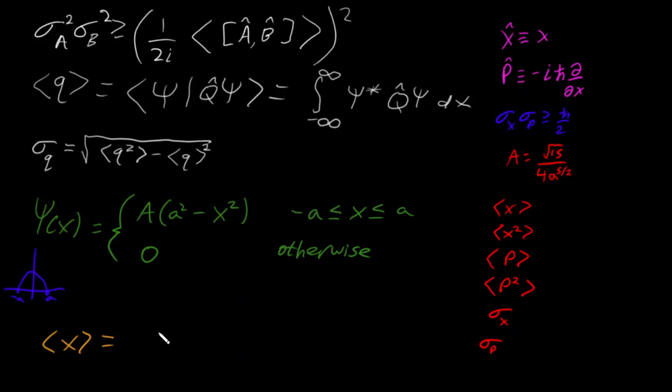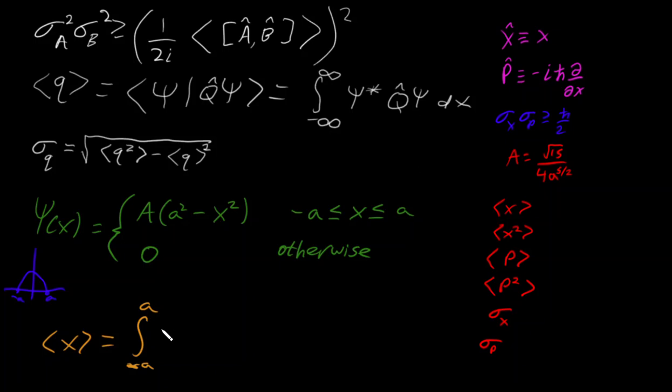Well, that's just, using this equation, the integral over all possible values of x. But the possible values of x are between negative a and a. So all of our integrals are going to be between negative a and a, because we have these wave functions there. And the wave functions are going to be 0, so the area is going to be 0, except between negative a and a. Again, hopefully that geometric argument makes sense.